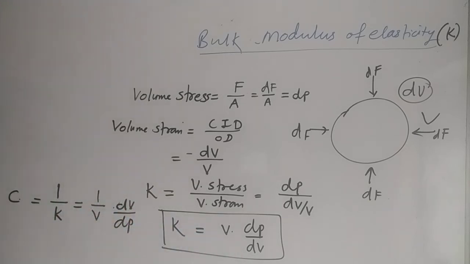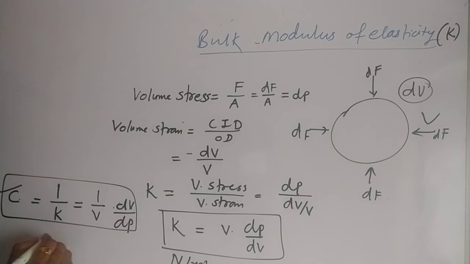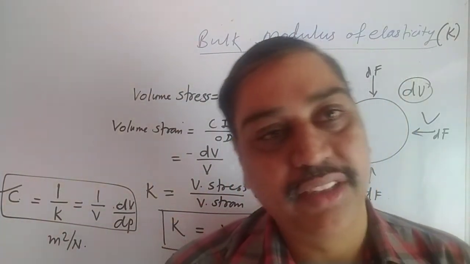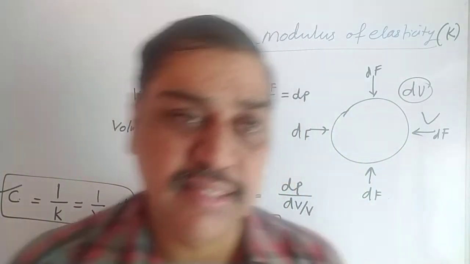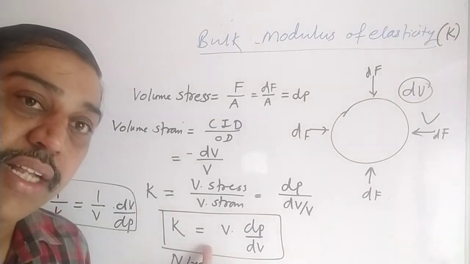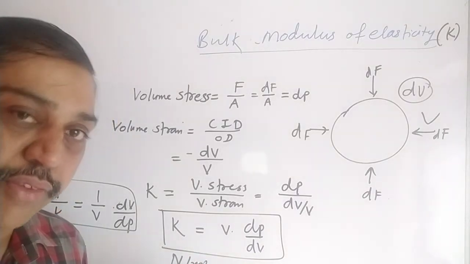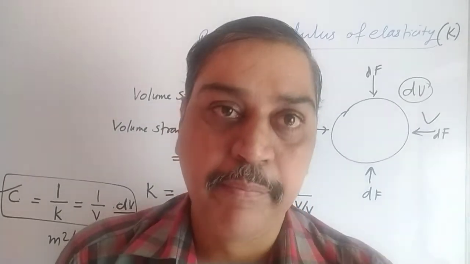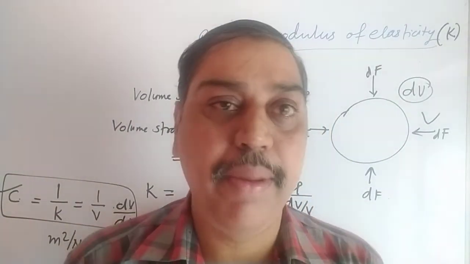So what should be the unit of this compressibility? The bulk modulus has a unit Newton per meter square. This has a unit meter square per Newton. That is the only difference. And so we have mentioned here the new quantity. Dimensions get reversed. The negative signs in the bulk modulus dimension become positive, and the positive become negative because we have taken the reciprocal.